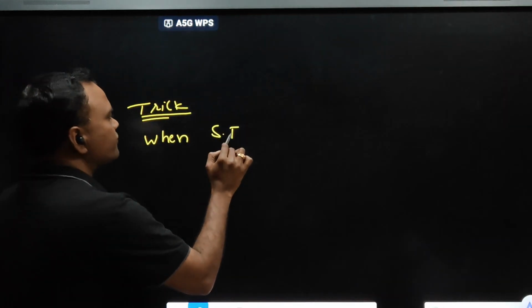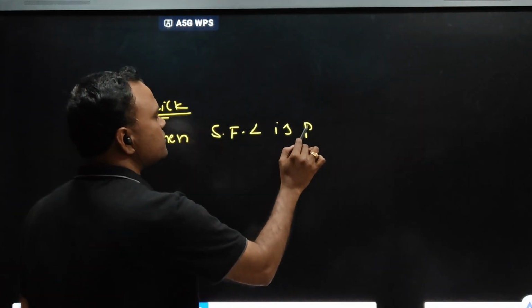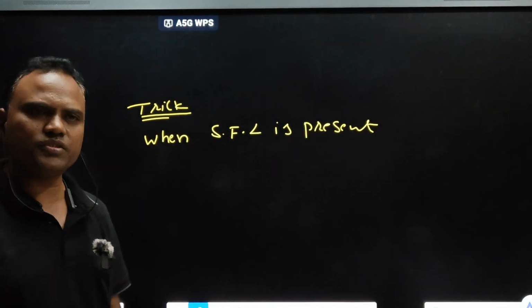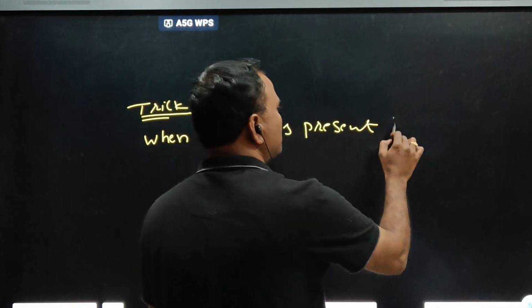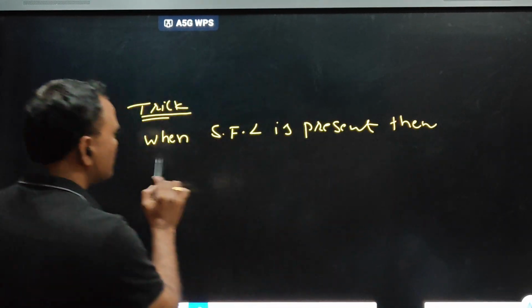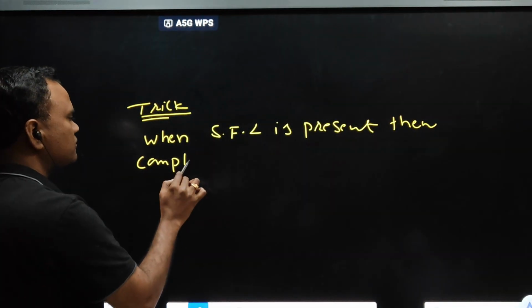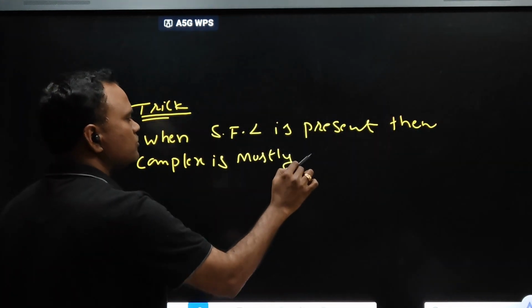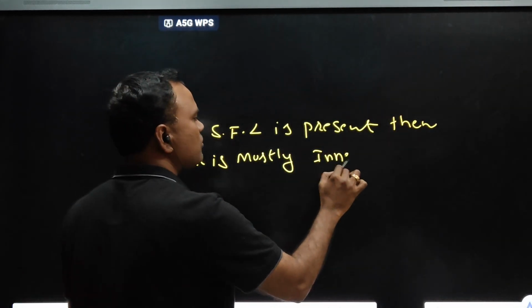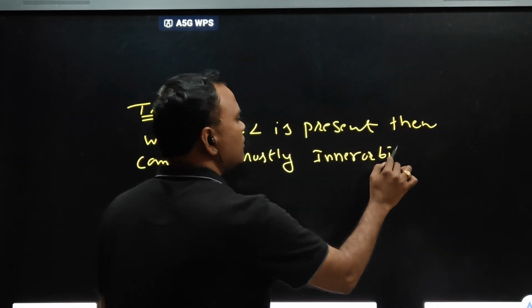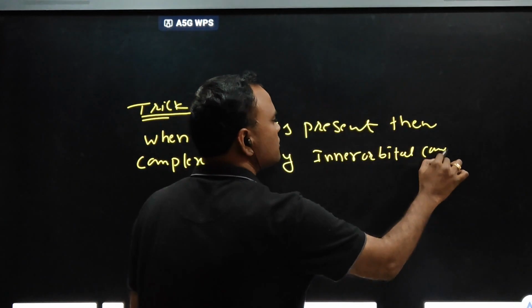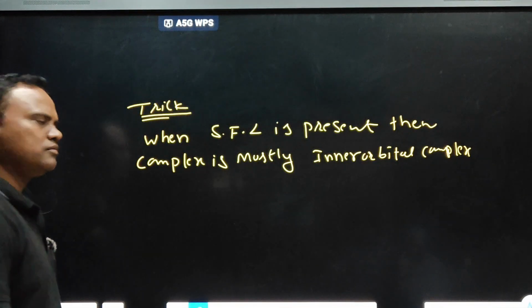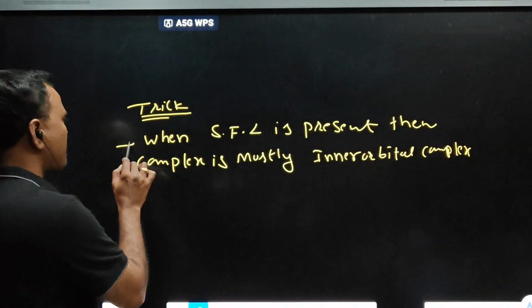When strong field ligand is present, you know which is strong field and which is weak field ligand. Then complex is mostly inner orbital complex. What is strong field ligand? Example, super memory.